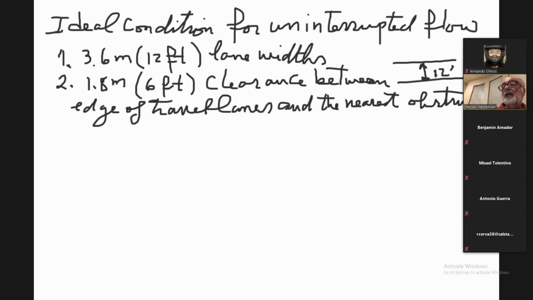So it means if you have a shoulder here, you have to have at least 6 feet or more. If you don't have 6 feet and you have less than that, then we have to correct that. That's not ideal condition.